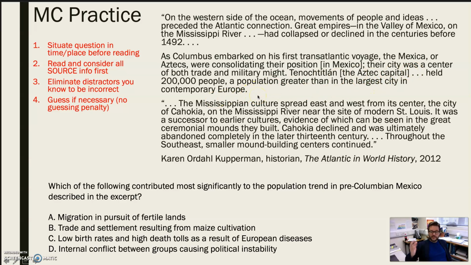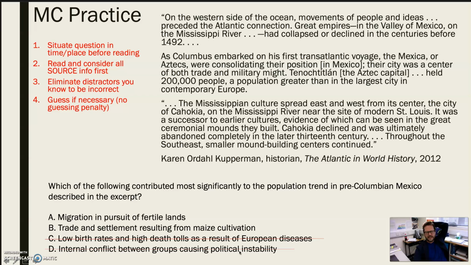That is an increase of population. So if the population trend is increasing, then internal conflict between groups causing political instability isn't going to be the case. Your population doesn't increase when you have instability and conflict. That would tend to actually decrease your population.